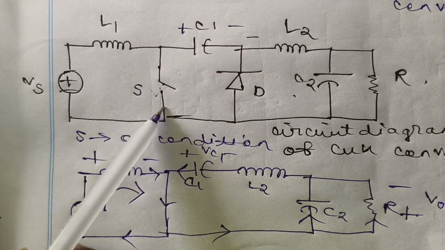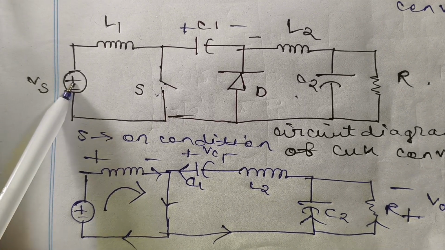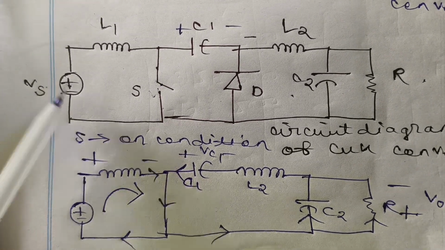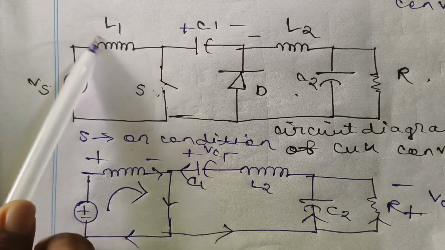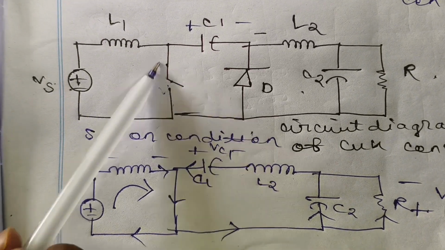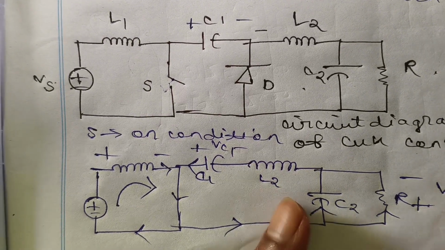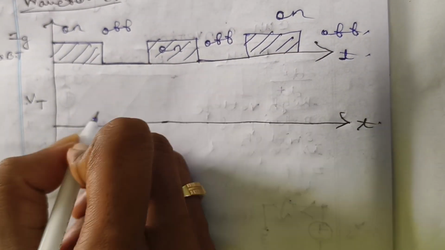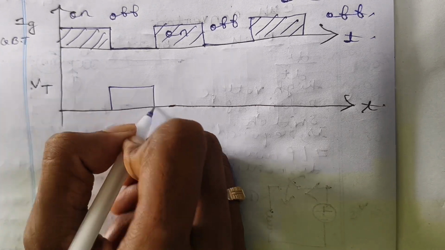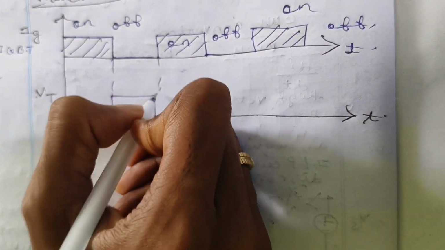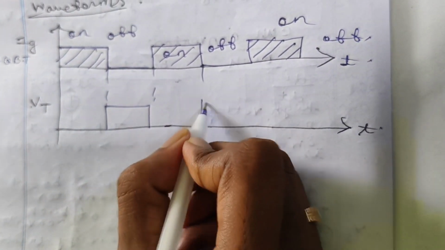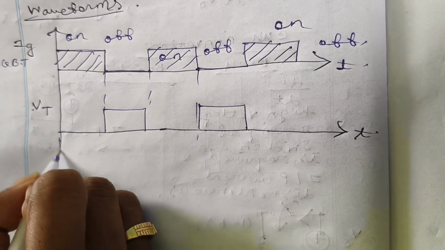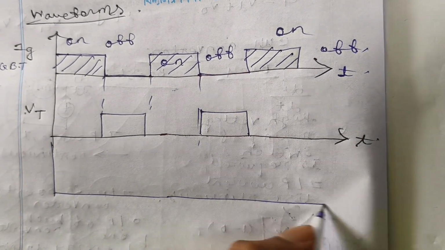Whenever it is off, the supply voltage, let's say Vs minus the voltage of L1, becomes the voltage across this, as we apply KVL. So only when the switch is off do we get the voltage across the transistor, let's say the IGBT. This is the waveform. I hope this makes sense.